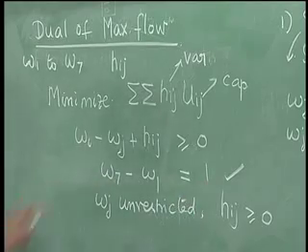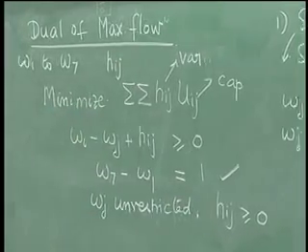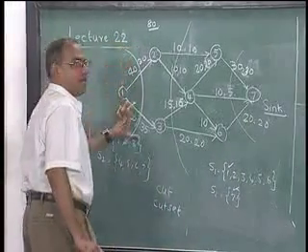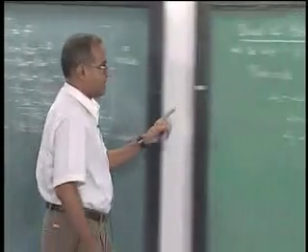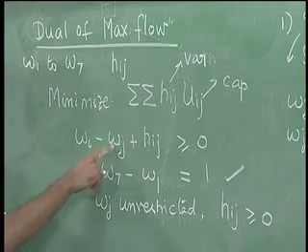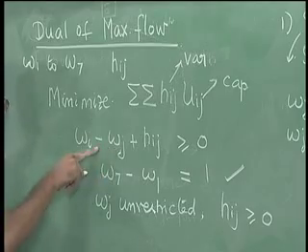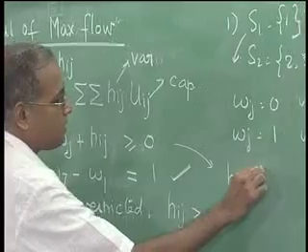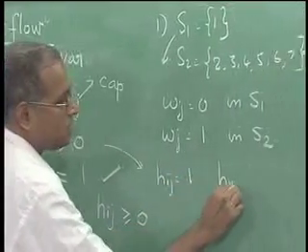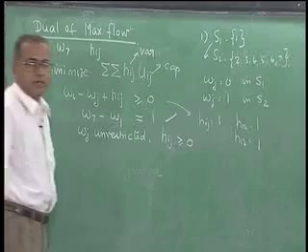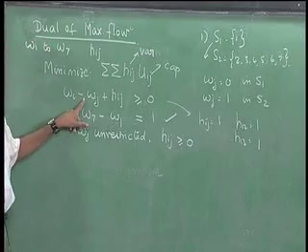Now, if we go back to 1, 2, these are the arcs which we are removing: x12 and x13. Now, go back here. Wherever Wi is 0 and Wj is 1, so you get a minus 1 here, the corresponding Hij will be equal to 1. That is, H12 will be equal to 1 and H13 will be equal to 1, so that this is satisfied.